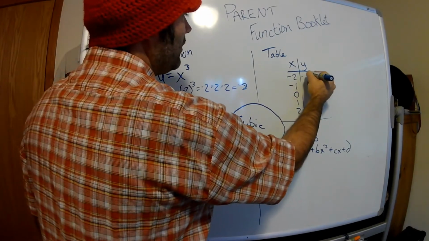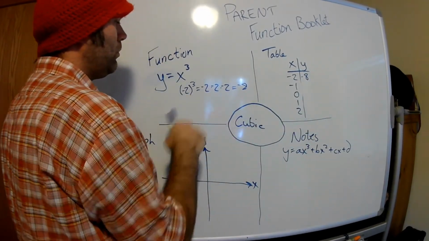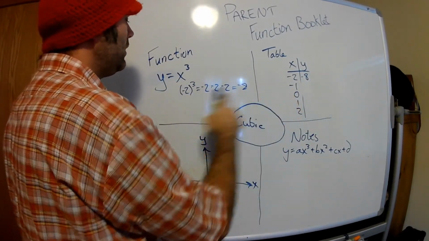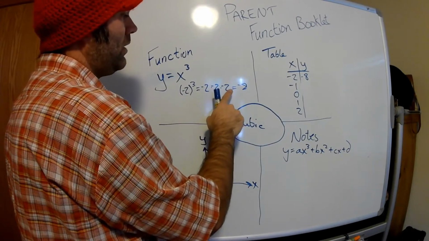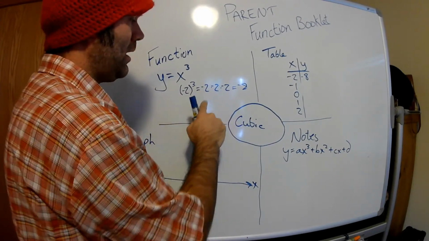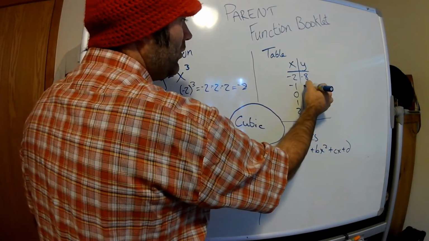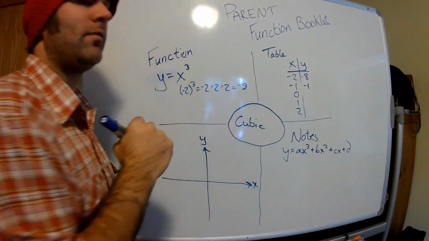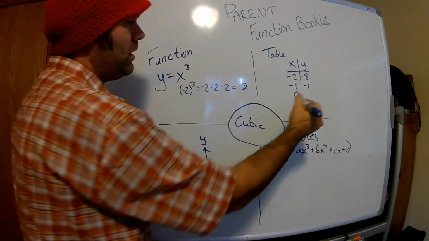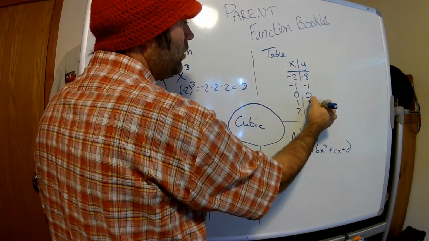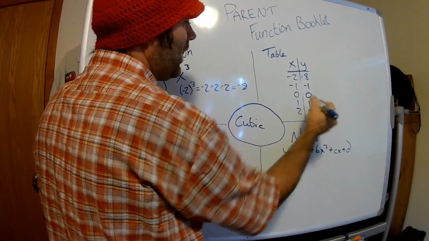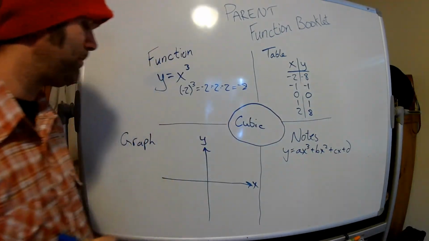So we get -8. We plug -1 in: -1 times -1 times -1. We don't have to write it out, but 3 negatives make a negative, and 1 times 1 times 1 is 1. So we get a -1. 0 cubed is still 0. 1 cubed is 1, and 2 cubed is 8. So there we go.